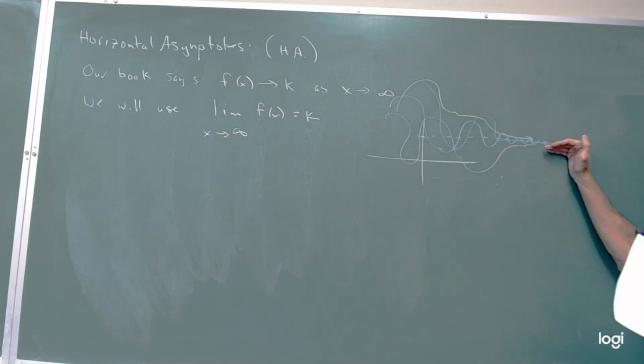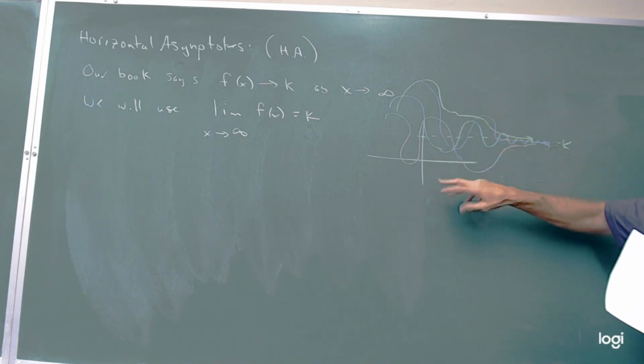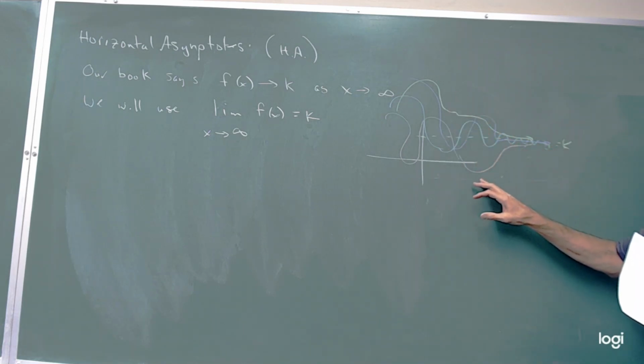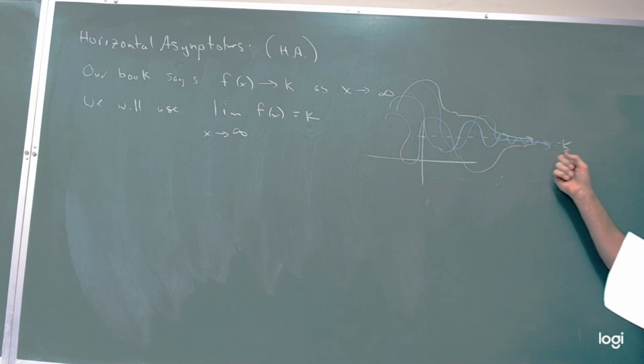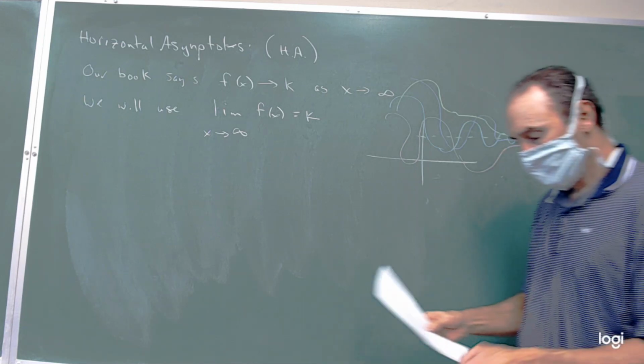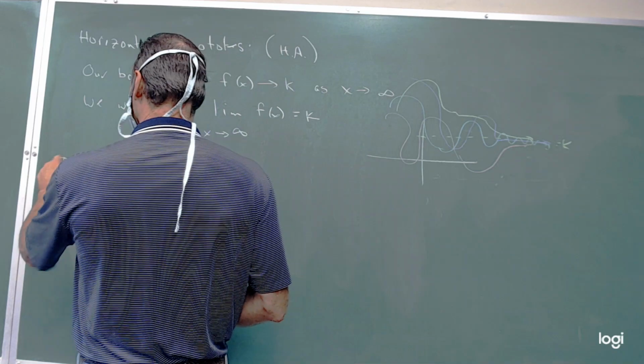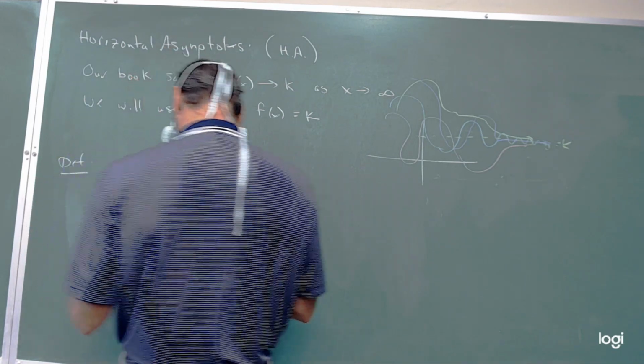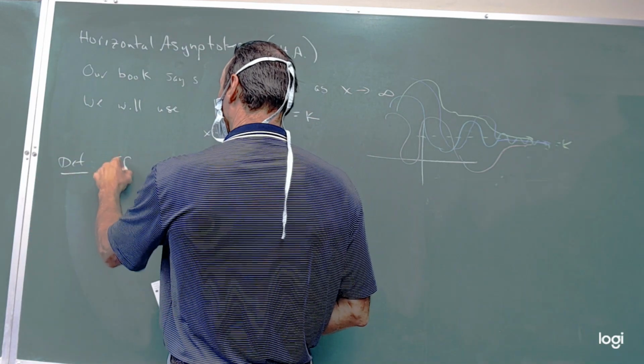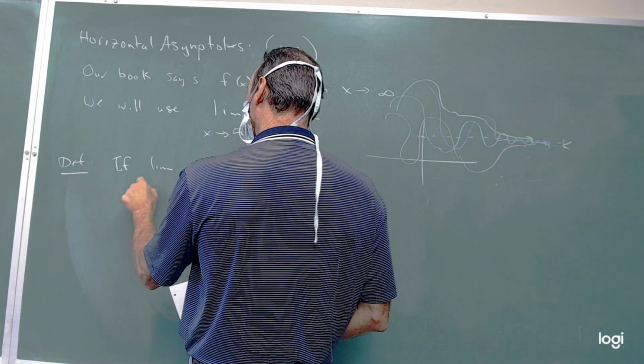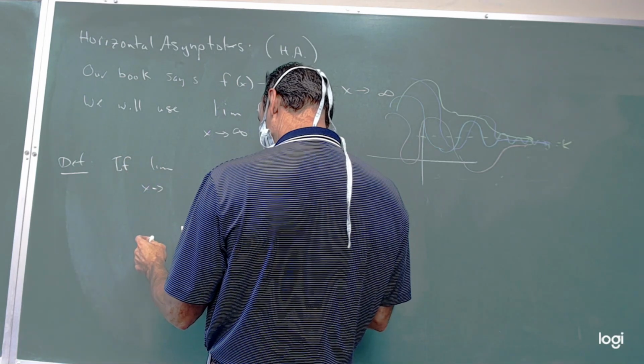And all of these we are going to call a horizontal asymptote. So all of the functions that I have drawn here have a horizontal asymptote of y equals k. Okay, so there's our definition, sort of.